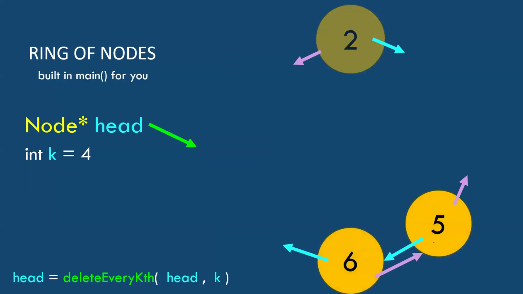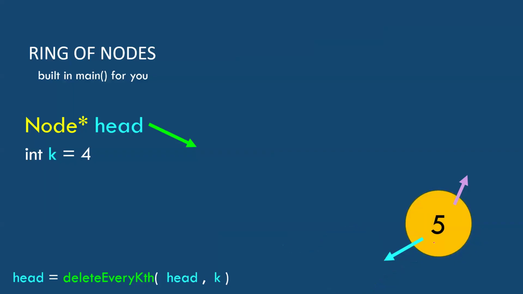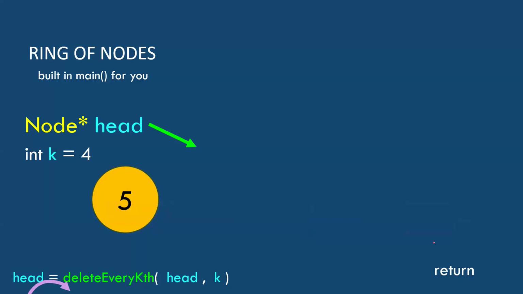Even with 3 left, you're going to go around until you've counted 4 and then delete that, and then we go back and forth until we count 4 and delete that. The thing that you return at the end of your function should be pointed to by the head, and its previous and next pointers should point to itself. If you can get to that state for k equals 4, then you know you have done it correctly. Usually it ends up crashing before you get there on your first or second try.